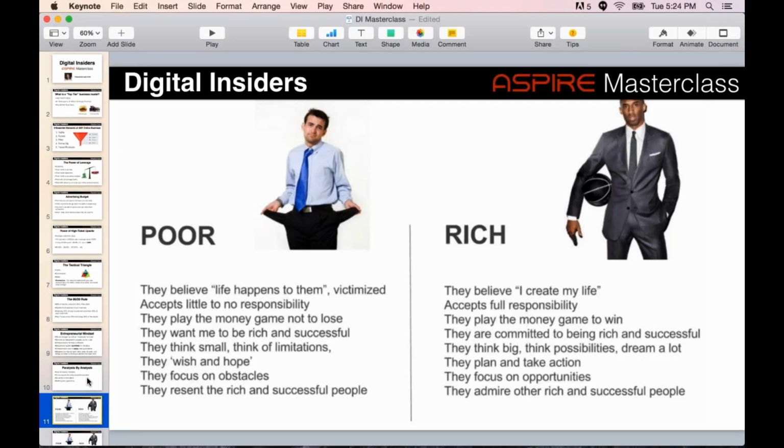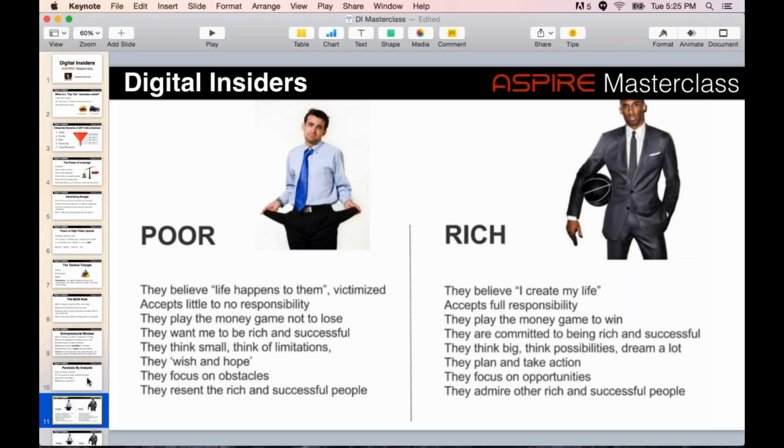So for those of you that have been through the training, through the first 6 steps, the next couple slides might look pretty familiar to you. So I'm not going to spend a whole lot of time on this, but it's just really important to keep in mind that if you want to be rich and successful, you have to have the mindset of somebody that is rich and successful. You can't have the mindset of somebody that's poor and unsuccessful.